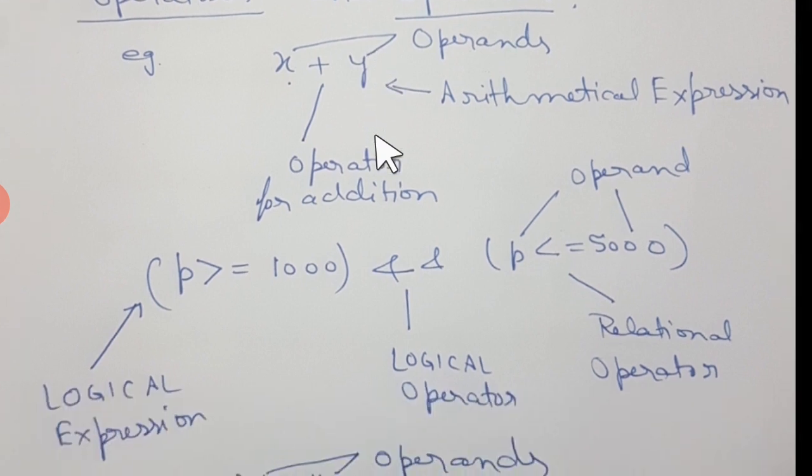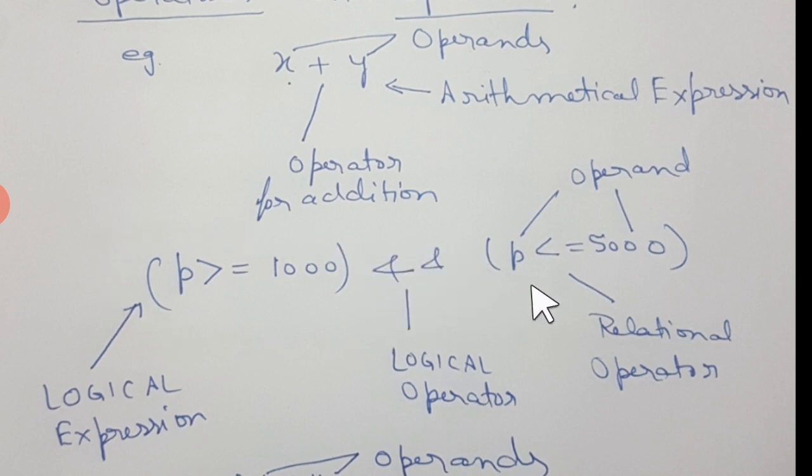Now we look at the second one. Here you can see p greater than equal to 1000 and p less than equal to 5000. It's a logical operator, and here two expressions are there, p greater than equal to 1000 and the second one is p less than equal to 5000. So they have been brought together using this logical operator.